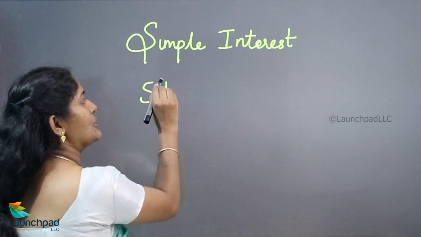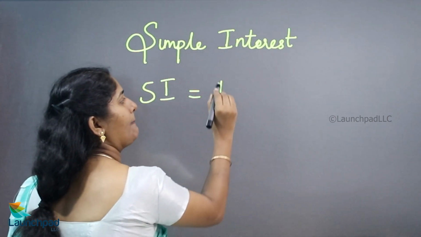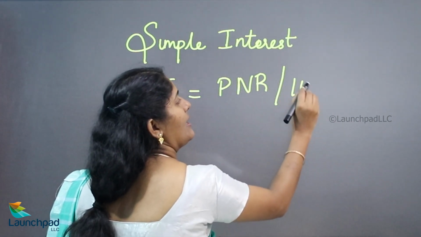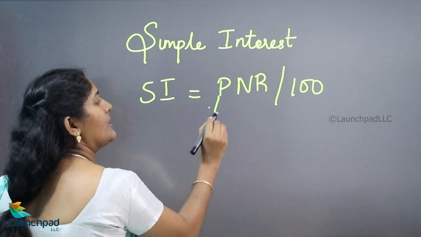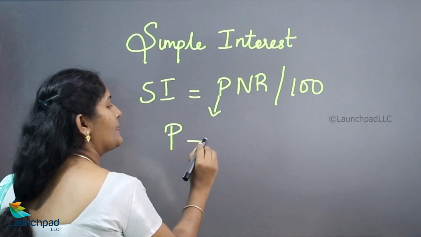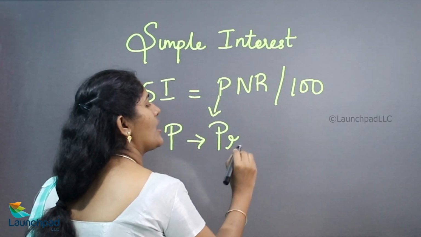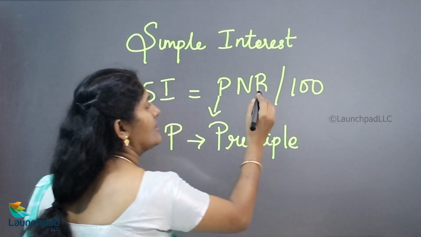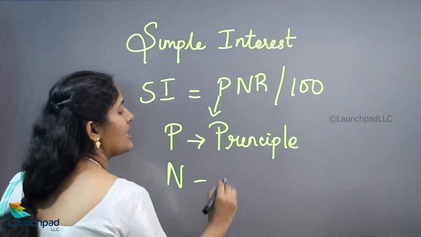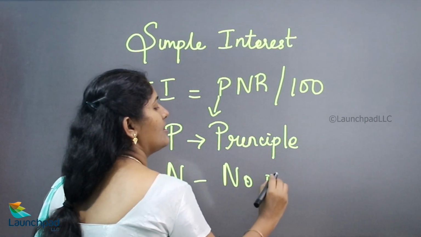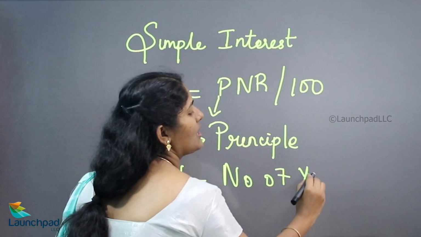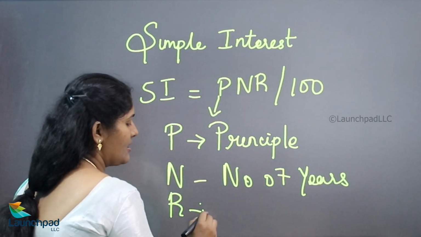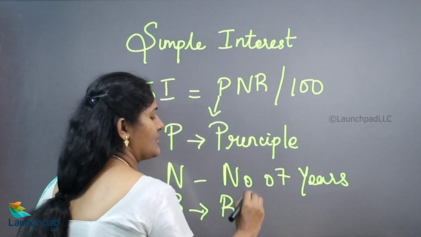SI is equal to PNR divided by 100. Here P is your principal, that is the loan amount which we borrowed from the money lenders, N means number of years, and R means rate of interest.